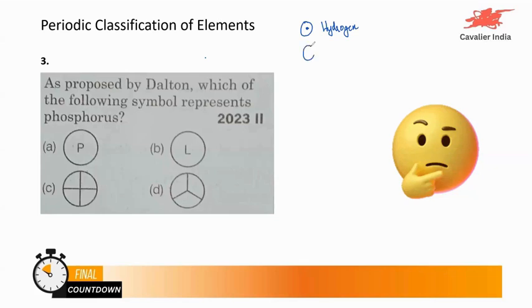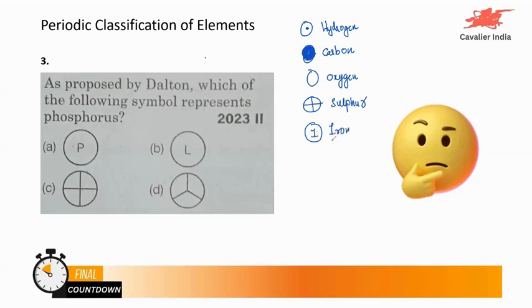And for carbon, the symbol is like this. For oxygen, it is simply a circle. Then sulfur, the symbol is like this, and iron.